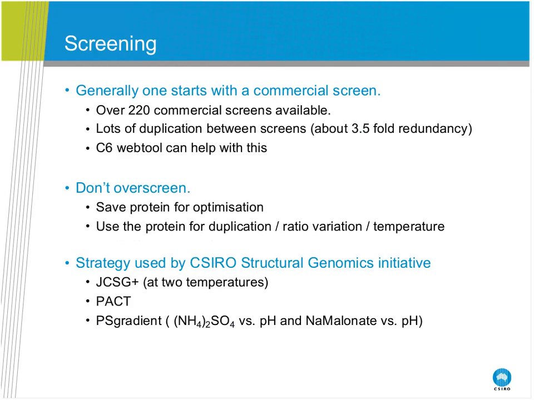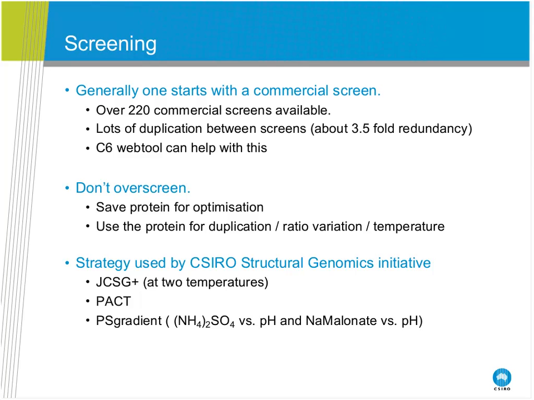One is that the screens aren't particularly cheap. Another is that you would have to find a place to store all of those 14,000 odd conditions. Another thing to realize is that there is an awful lot of duplication in the screens. For every novel condition in that set of commercially available screens, there's probably about another 3.5 conditions which look about the same.